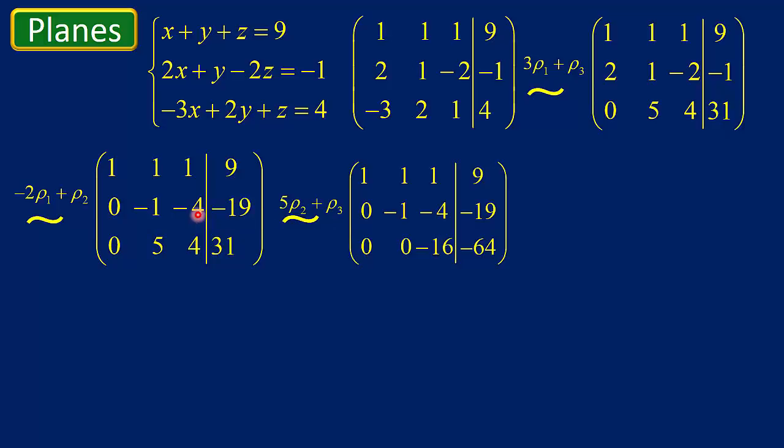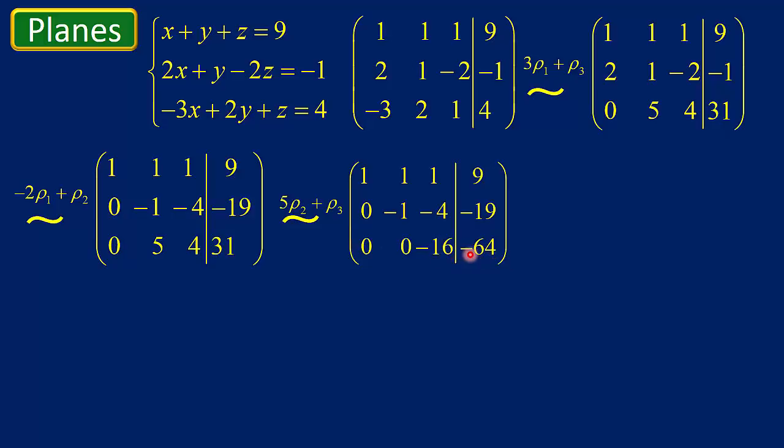Now, 5 times negative 4 is negative 20. Add it to 4, negative 16. And finally, 5 multiplied by negative 19, then add it to 31, and I get a negative 64.